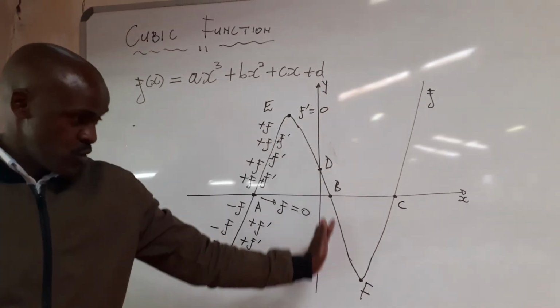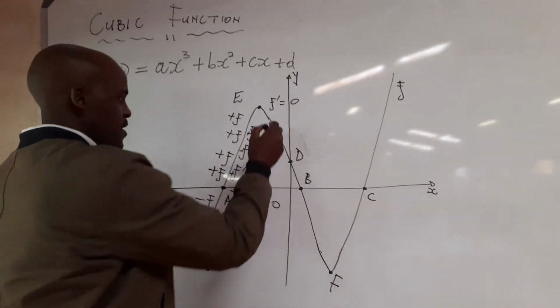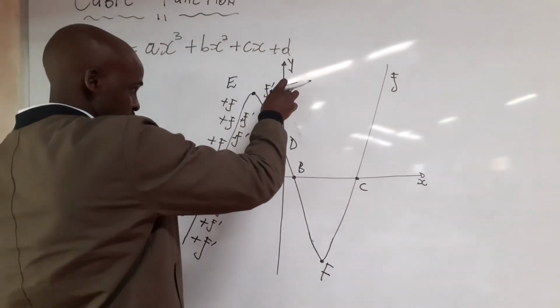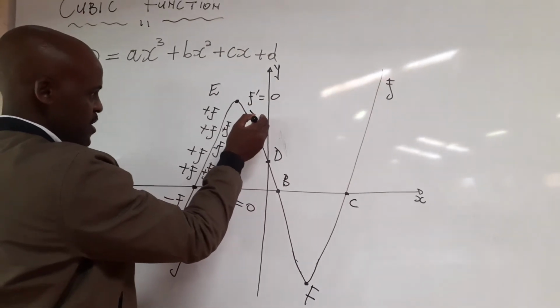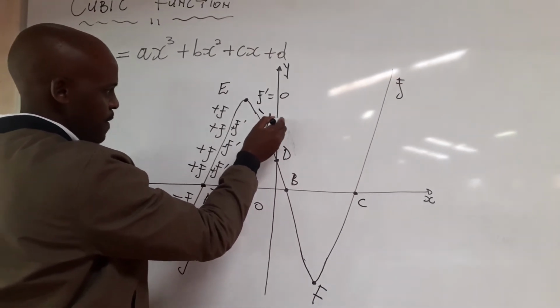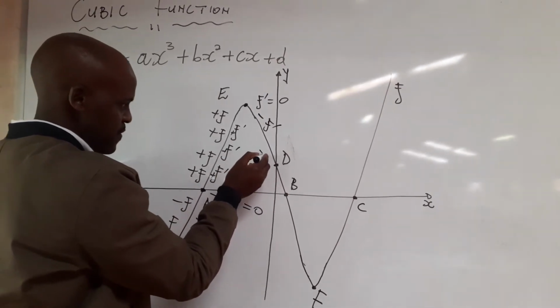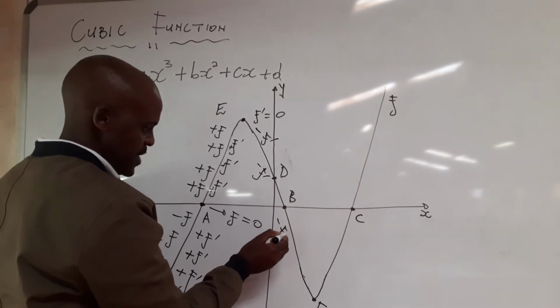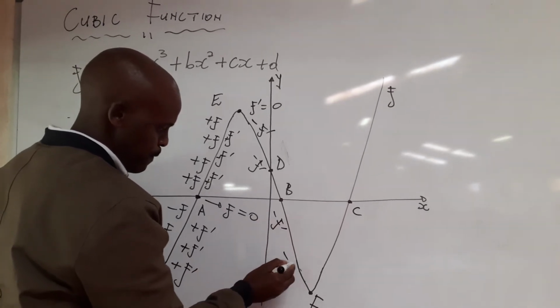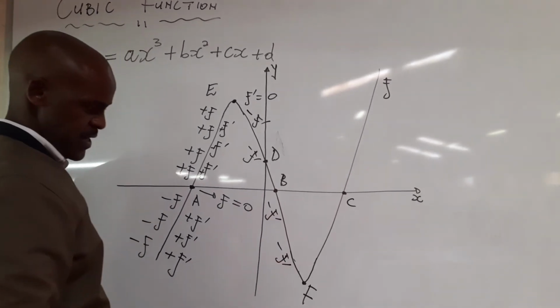When you go down, the gradient at the stationary point is 0. But if you are going down now, the gradient is negative. We have a negative gradient.